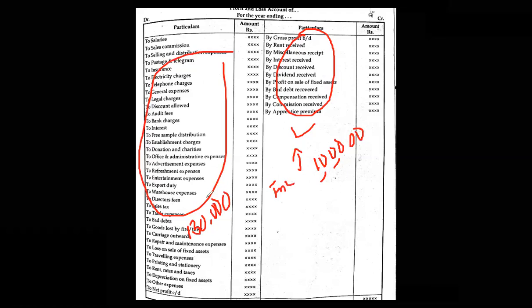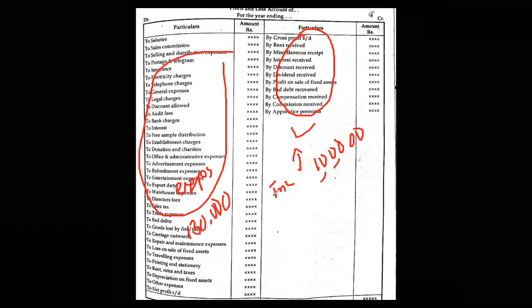CR is always income, remember. If income is 1 lakh and expenditure is 1 lakh 30,000, is it profit or loss for you? Loss. It is loss for you. So that means always what should be greater so that you must get profit?